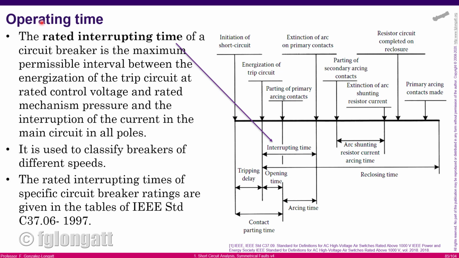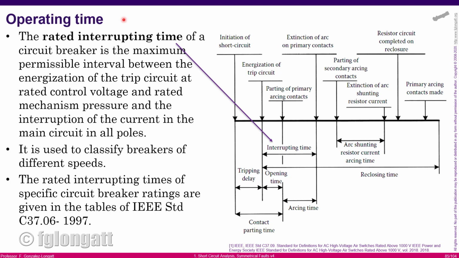And I highly suggest that you understand that the interrupting time of a circuit breaker is the maximum time that the circuit breaker can be energized and keep working, and then the contacts will start to open. That is mainly the interrupting time.